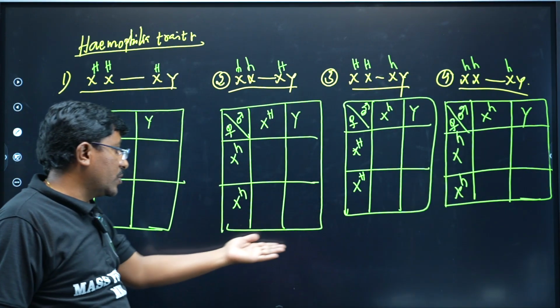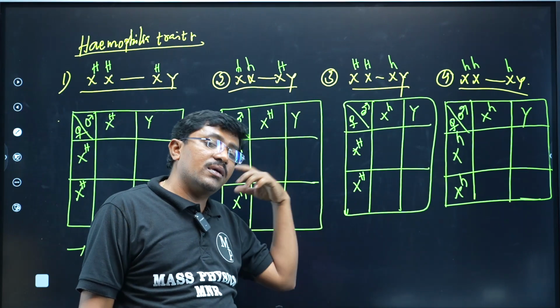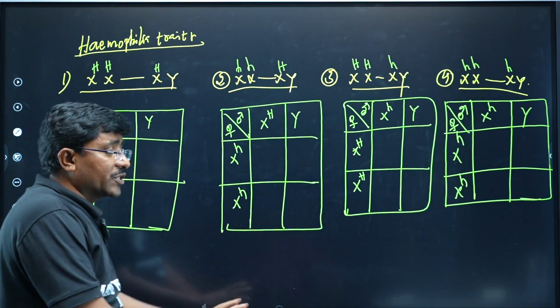Okay, then I want the total percentages: which parents are having 100% unaffected, 100% affected. I want to know this. This is hemophilia. That's enough.